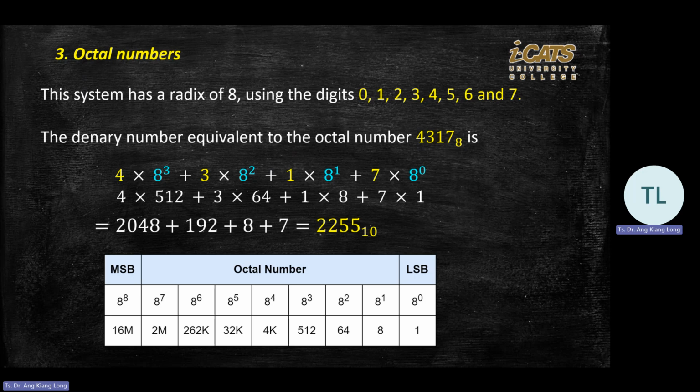So 4317 base 8 will be equal to 2255 base 10. And you can see an octet number is not like 1010. It uses digits 0 until 7 to represent the number. If you see 1010, that one is usually base 2.